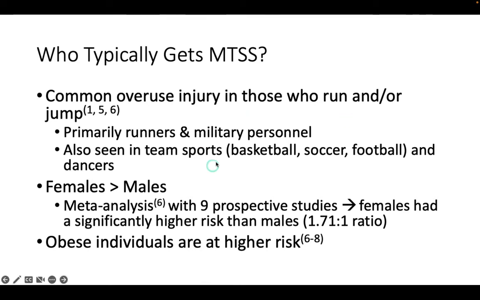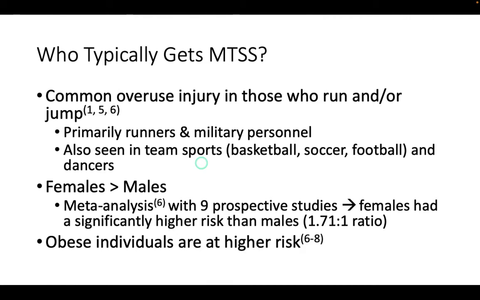However, it's also seen in some team sports like basketball, soccer, and football, because they do a lot of running and jumping as well. But it's not as frequent because these are more stop and go, repeated sprint sports, whereas runners and military personnel run long distances over long periods of time. I also saw a few reports in dancers, primarily ballet dancers.